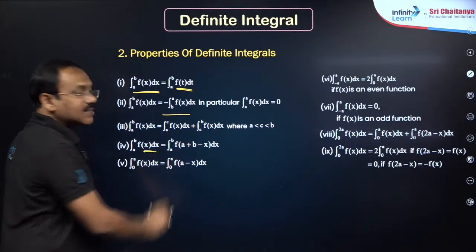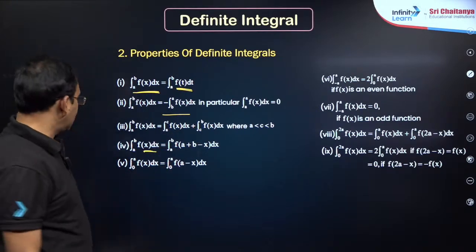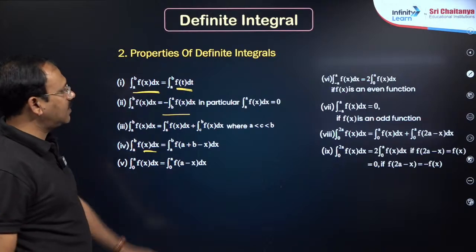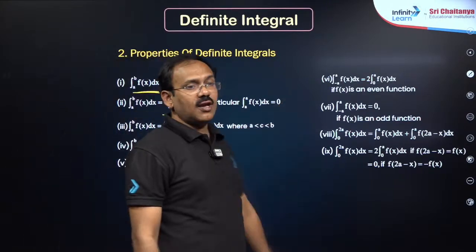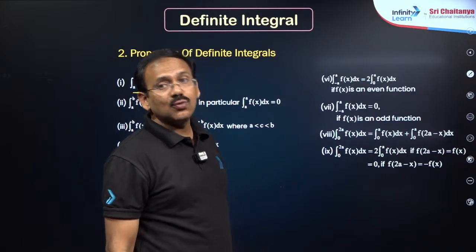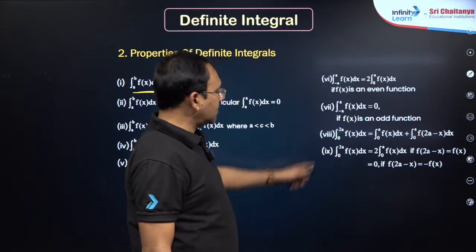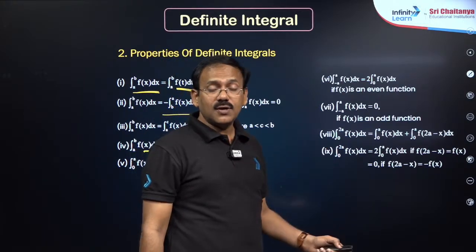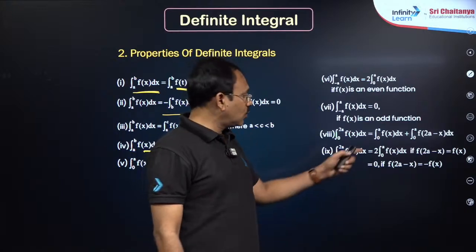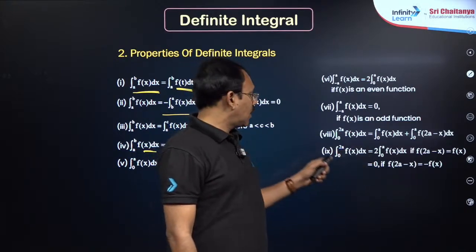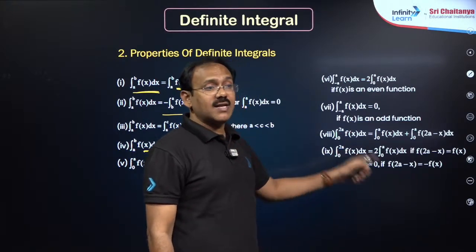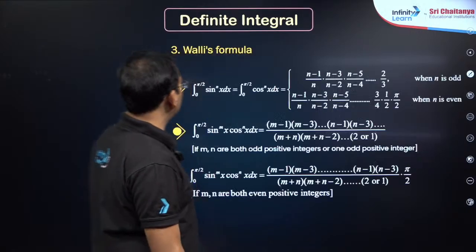Integral a to b, x can be replaced by a plus b minus x. Integral minus a to a, if the function is even, 2 times integral 0 to a, odd, it becomes 0, and integral 0 to 2a, if f of 2a minus x is f of x, 2 times integral 0 to a, if f of 2a minus x is minus f of x, this becomes 0.